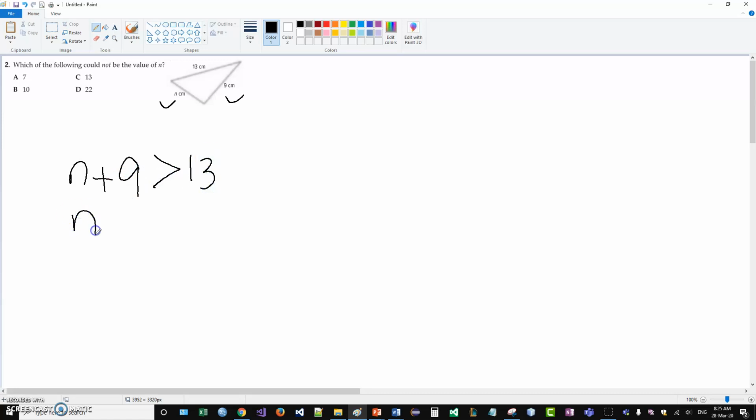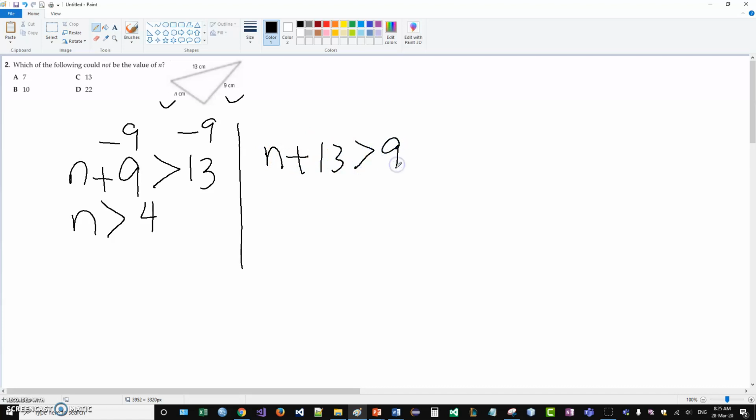So if we subtract 9 from both sides, n should be greater than 4. Now, the other two sides: n plus 13 should be greater than 9. So minus 13 here, minus 13 here, n should be greater than minus 4.